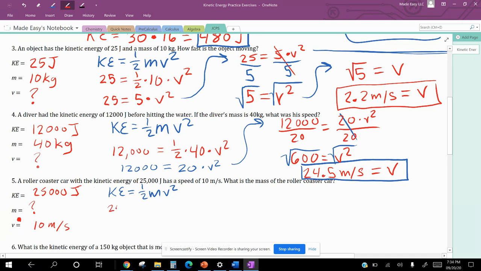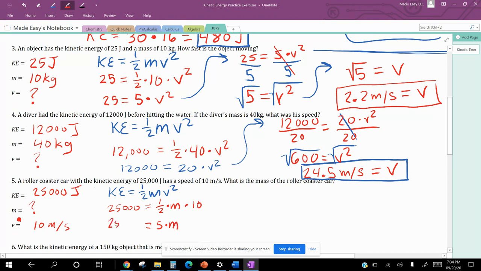So we have 25,000 equals 1/2 times the mass, which we don't know yet, times 10. We'll simplify the right side: 1/2 times 10 gives us 5, and that's 5 times m.